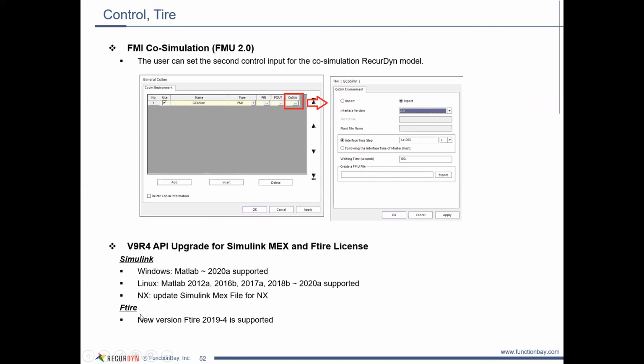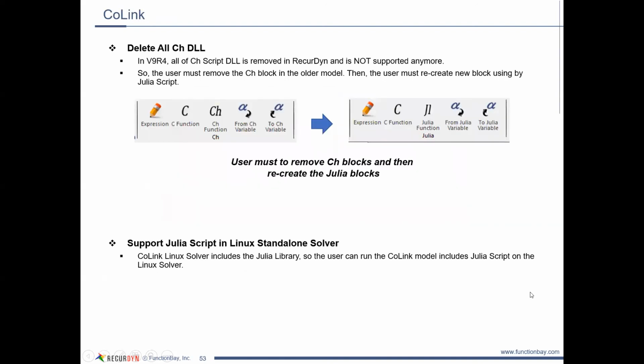And then on NX, we've updated the Simulink MEX file for the NX software. So that's also supported. And with the standard tire interface module, we now support the new F-Tire version 2019-4. So those are just some version enhancements.